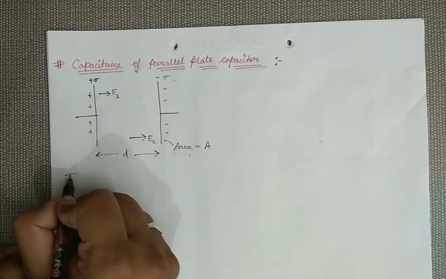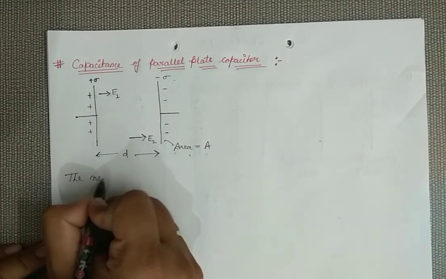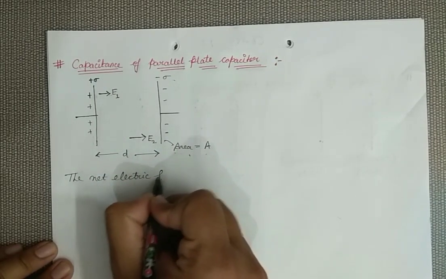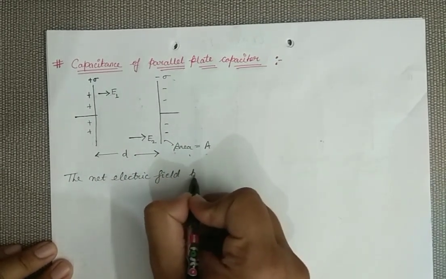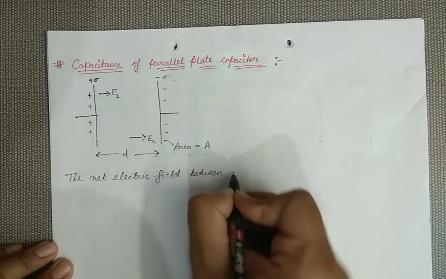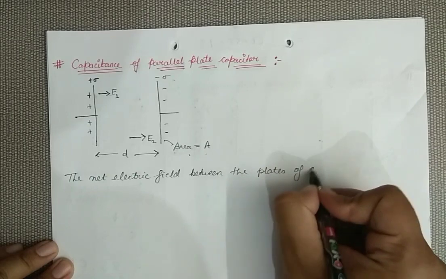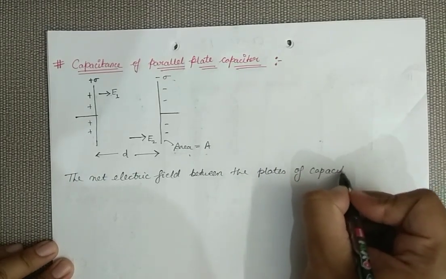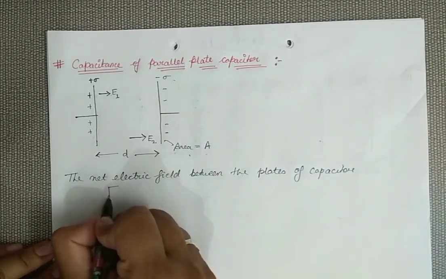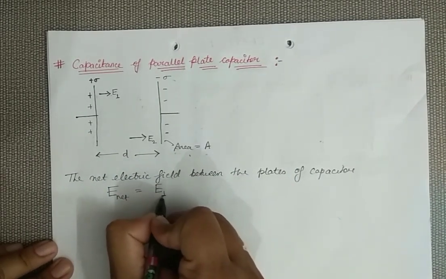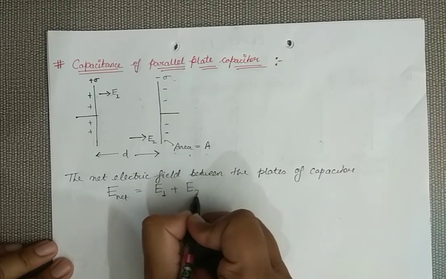So if I have to calculate the net electric field between the plates of the capacitor, I can use E net equals E1 plus E2.